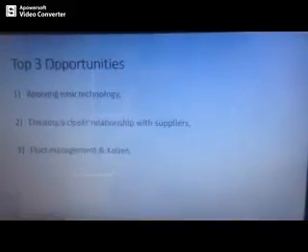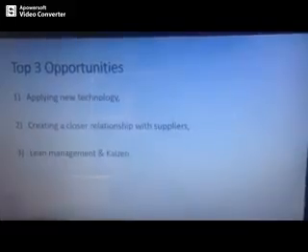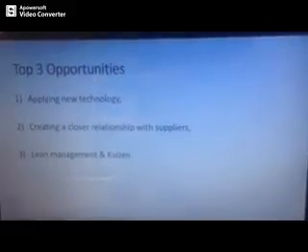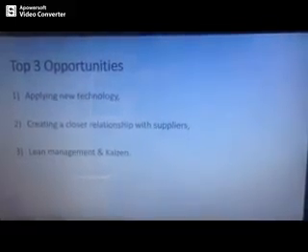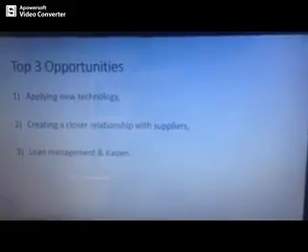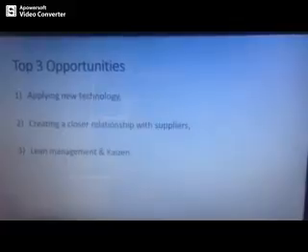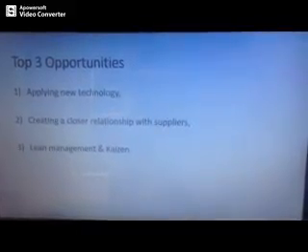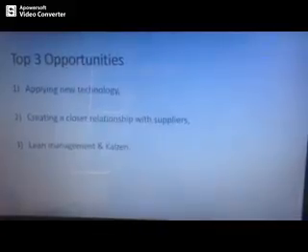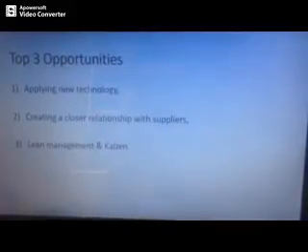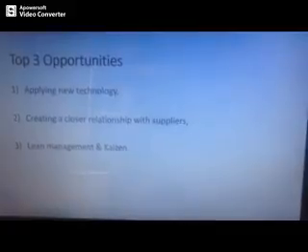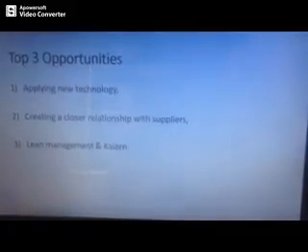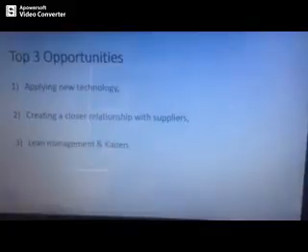The top three opportunities. There are three main opportunities the company has: new technologies, closer relationships with suppliers, and lean management and Kaizen. New technologies such as innovation or improvement in function, materials, appearance would provide added value to products and make them more profitable.